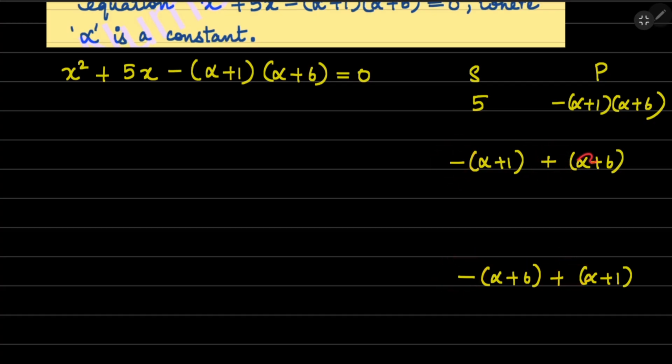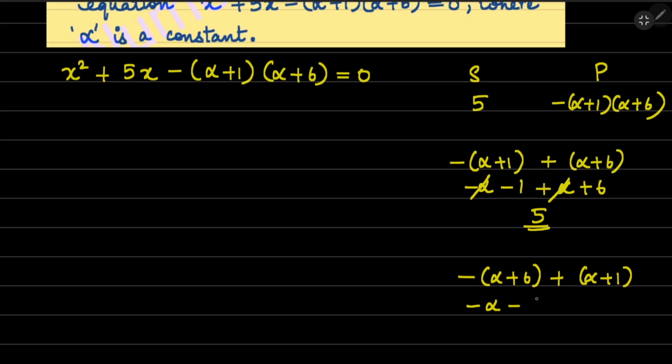Let's try. When you add them, you have to get a 5. So let's do it. So it's minus alpha minus 1 plus alpha plus 6. Alpha gets cancelled. 6 minus 1 is 5. Right? So you've already got the answer. So you don't have to do the other one. But suppose you're trying this first, where we put a negative sign to alpha plus 6.